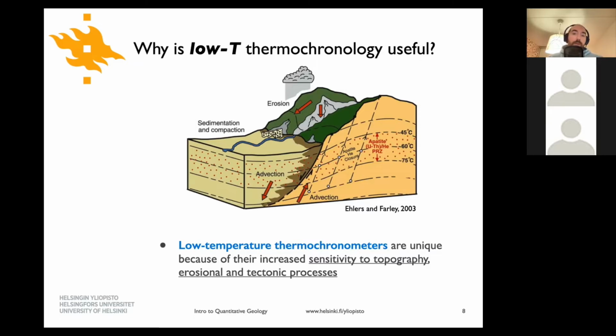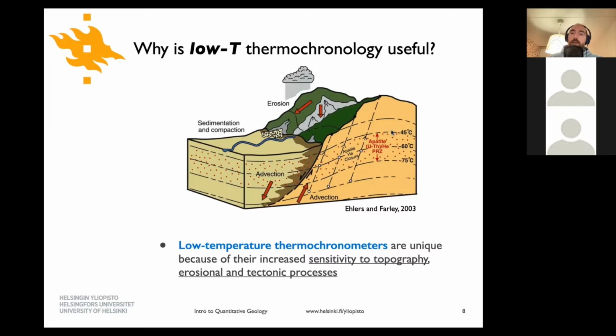And what's unique about the low temperature thermochronology systems in particular is that they're very sensitive to what's happening with things like the topography and the erosion and tectonic processes, because they pass through this closure temperature fairly close to the Earth's surface. So that means in this case that you can see even from these temperature lines drawn in here.